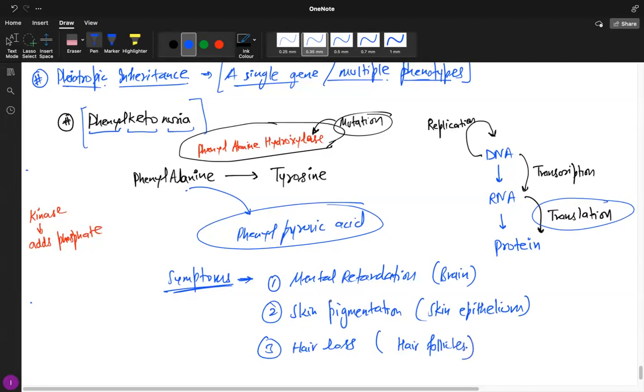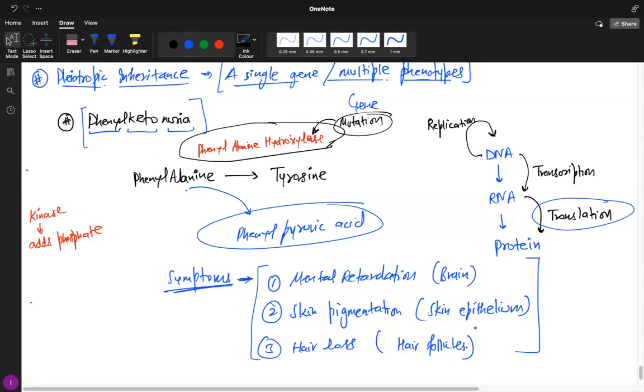Now think about it. Just one single mutation in one single gene, and it controls a lot of different phenotypes: brain, skin epithelium, and hair follicles. So this disorder is an example of pleiotropic inheritance, where one gene controls multiple characters and phenotypes.